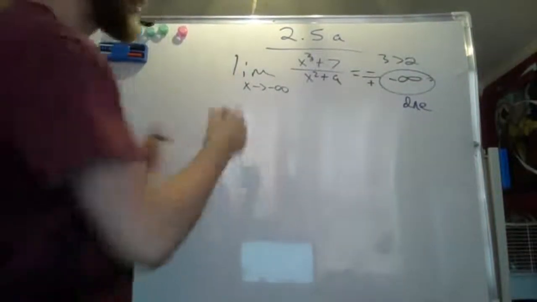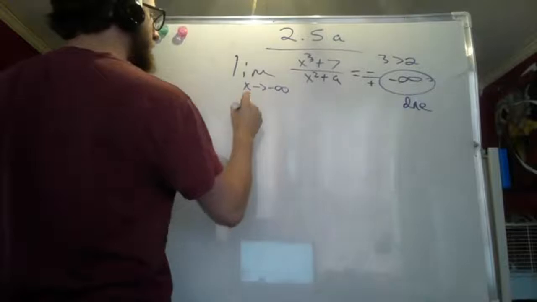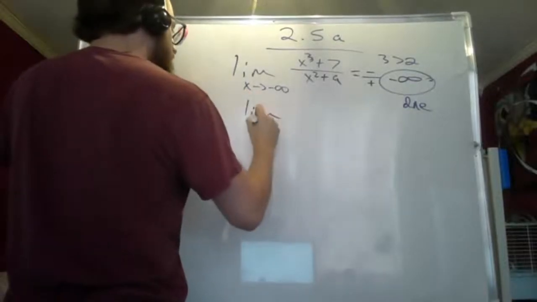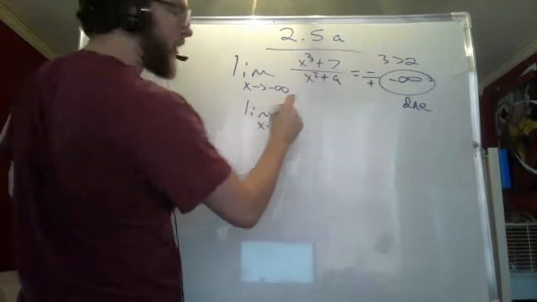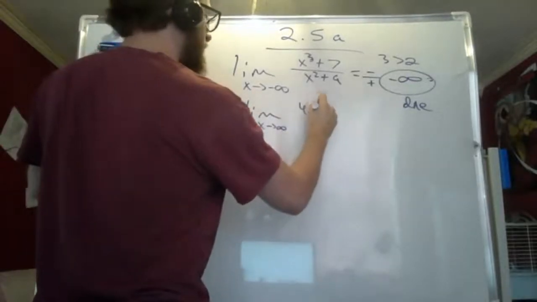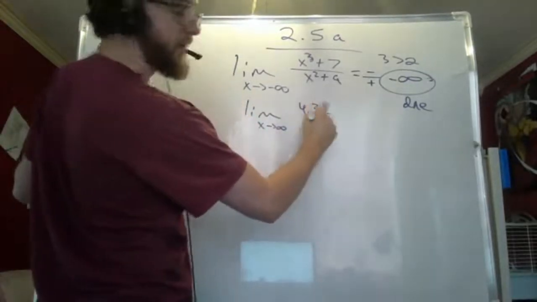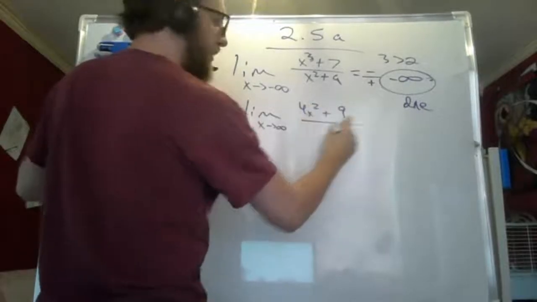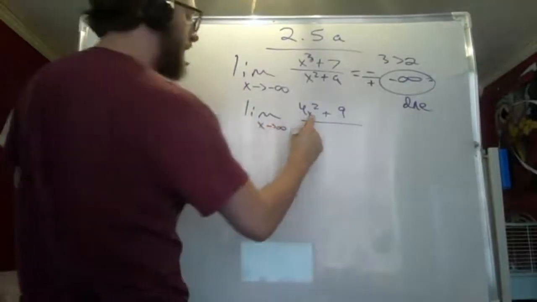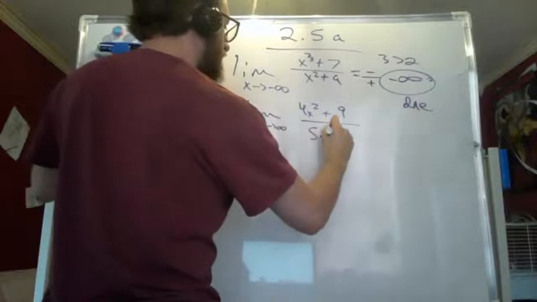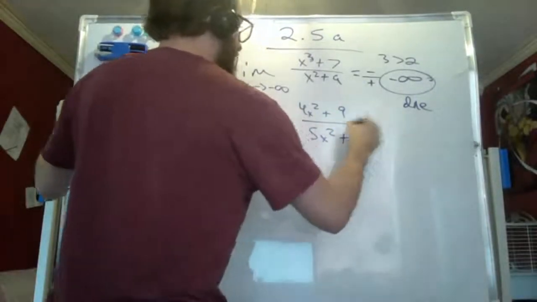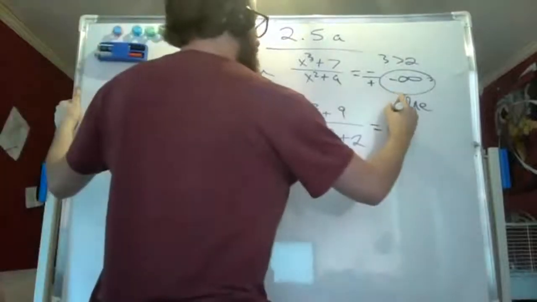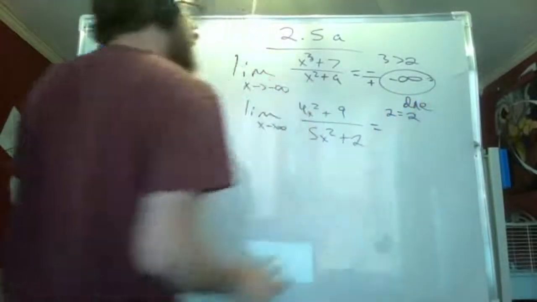And then as a final example to go along with these examples of fractions, suppose we have the limit as x goes to infinity for 4x squared plus 9 divided by 5x squared plus 2. Well, in this case, note that the powers 2 and 2 are the same.